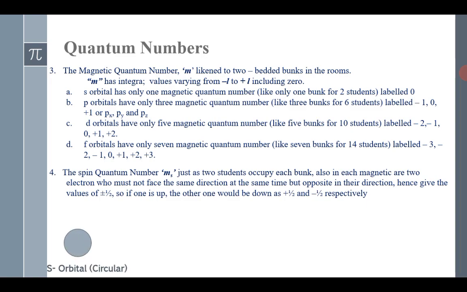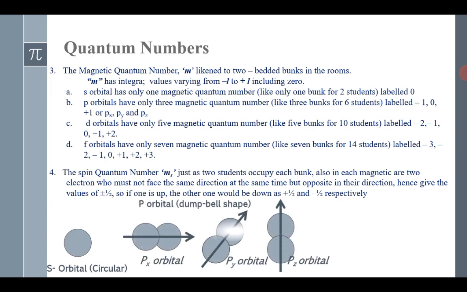Let's look at the shape of orbitals. S orbital has a circular, round shape, and p orbital has a dumbbell shape. But because there are six electrons and three magnetic quantum numbers, we have the px, the py, and the pz, which are arranged horizontally, vertically, and also the three of them arranged in three-dimensional form to have three-dimensional orientation.